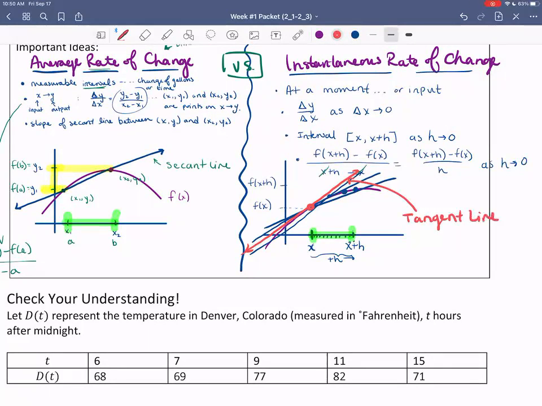There are many different ways that we can describe it, or many properties it has. That tangent line is going to intersect our curve only once at that point of interest. And it will also be the best linear approximation to our curve, meaning it's a line that best represents our function within a small range around that point.